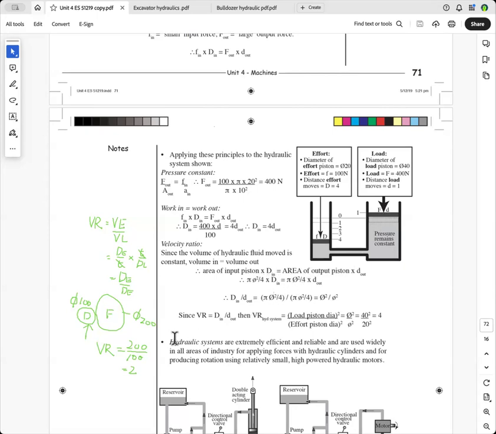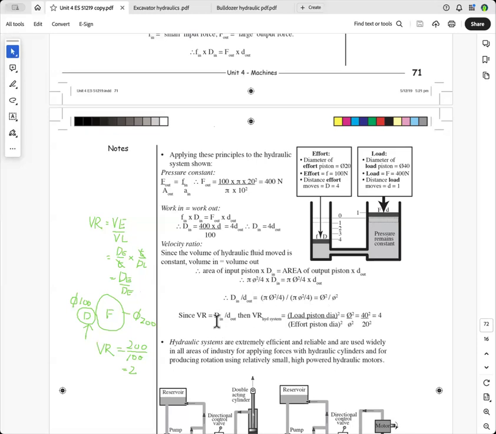Now we have to arrange this as the distance that the effort moves over the distance that the load moves. Now, D in is the effort and D out is the load there. And so we've got distance in over distance out equals, they all cancel, which equals big D squared over little d squared.